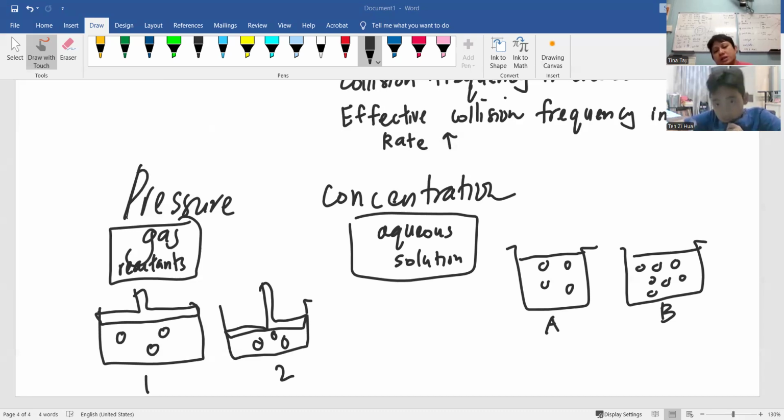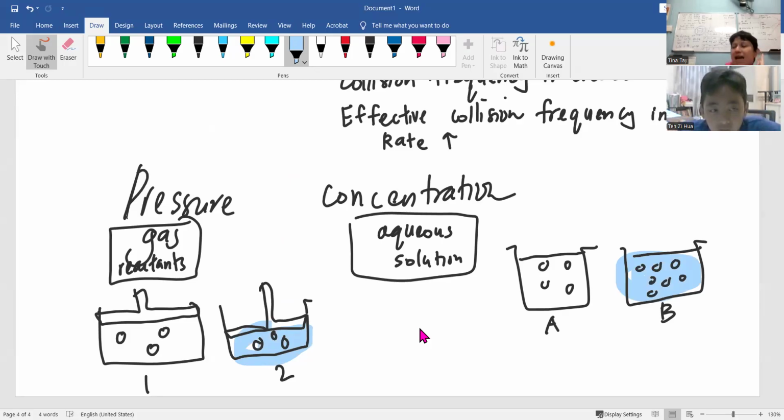Which one do you think is high pressure, 1 or 2? 2, because the area is smaller. A and B illustrate concentration of acid. Which one is a higher concentration, A or B? B has a higher concentration. Now, don't you think basically the particles are just closer together?